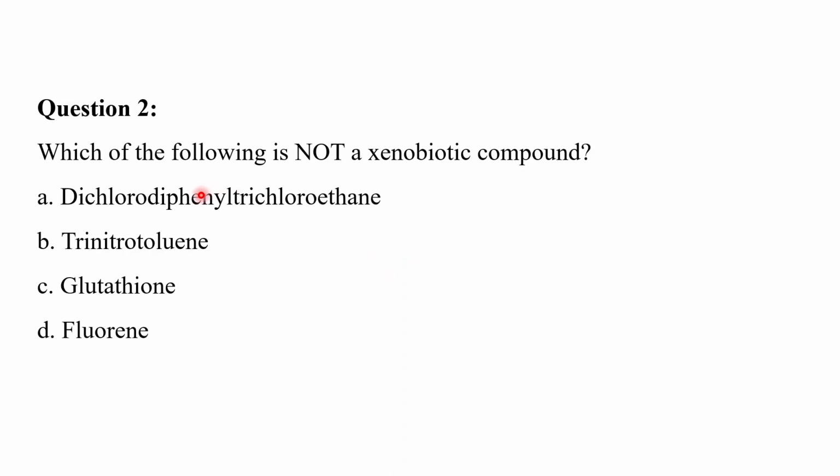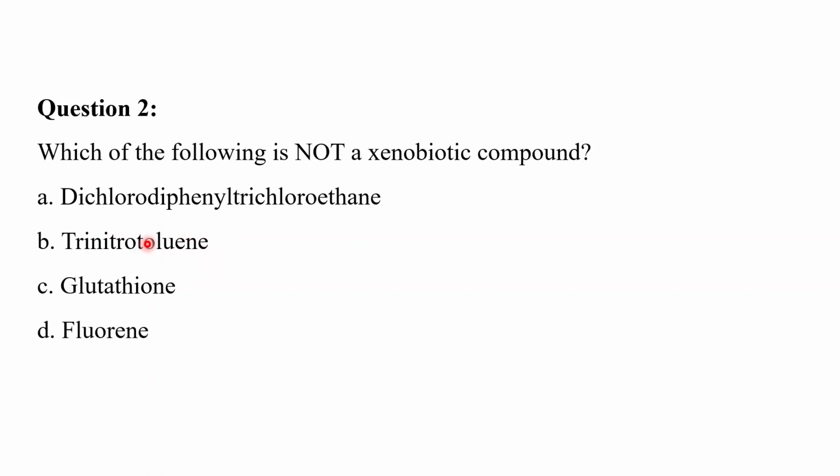So DDT, the first option, dichloro-diphenyl trichloroethane, it's a synthetic compound. It's a very common pesticide, and it's a very harmful pollutant for the environment, and it poses many health hazards to humans as well.